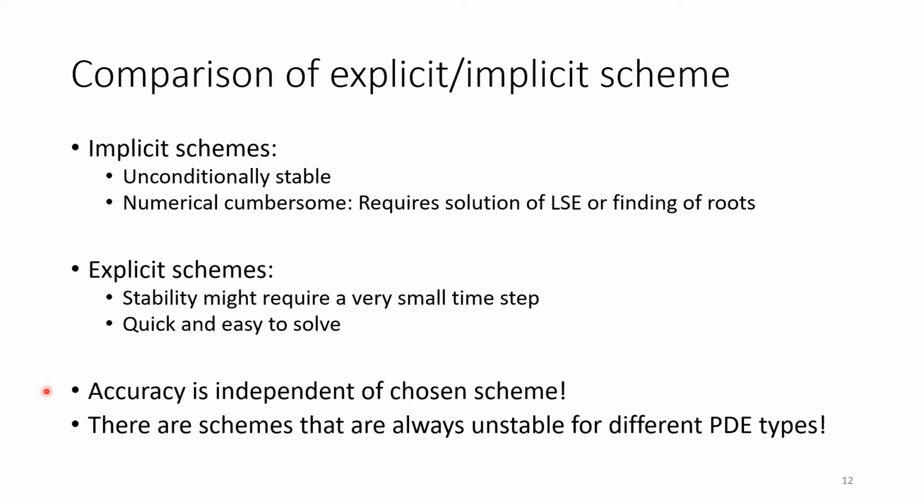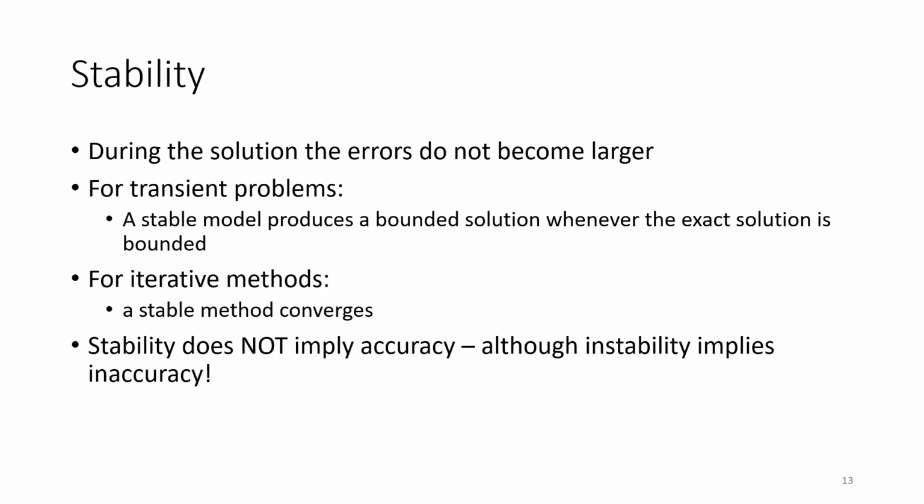So choosing the correct scheme is a crucial task, and needs to be carefully done. As already said, instability means that the error, the divergence between numerical and analytical solution, grows over time. The other way around, if I have a stable solution, my initial error will not grow over time.